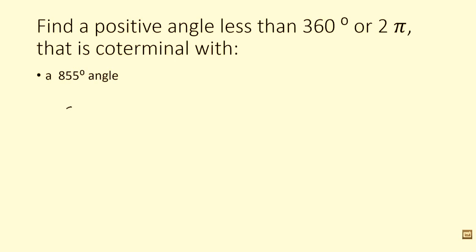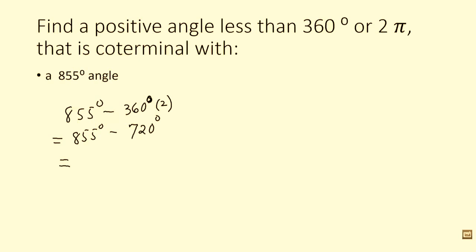So I have 855 degrees minus, all right, and I want 2 multiples. So that's times 2. So what do we get? We get 855 degrees minus 720 degrees.